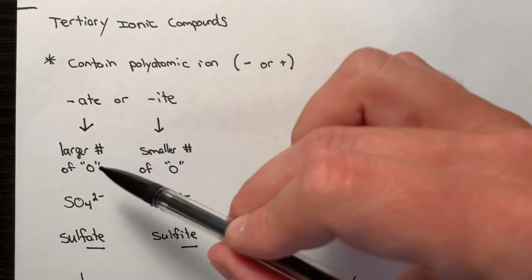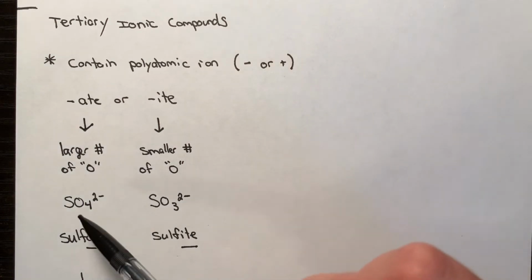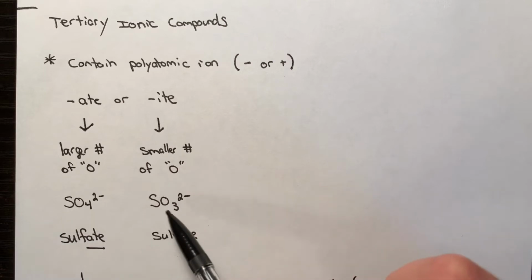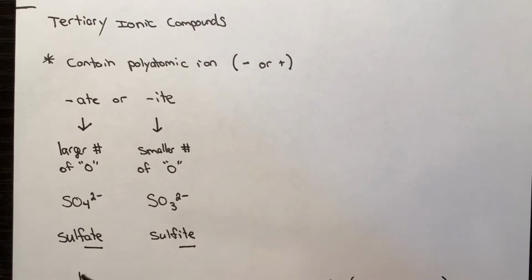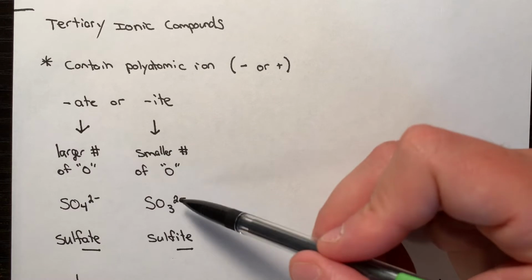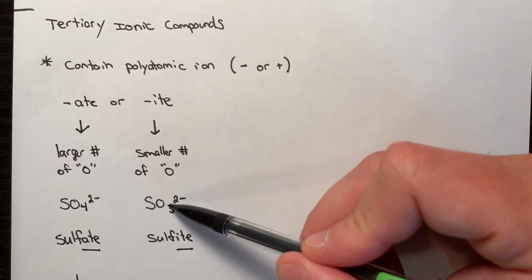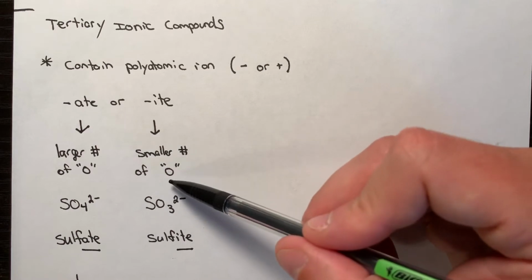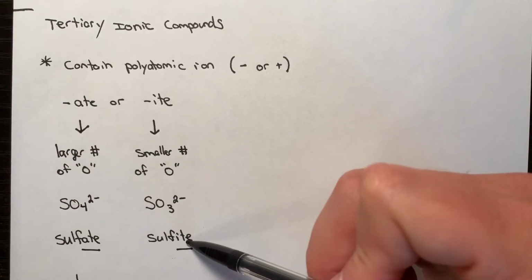If we see a polyatomic ion in a series, say oxygen teamed up with sulfur in a number of different ways, the polyatomic that contains the larger number of oxygens is going to get the "ate" designation, so sulfate, whereas the "ite" designation is given to the oxyanion that has the smaller number of oxygens.